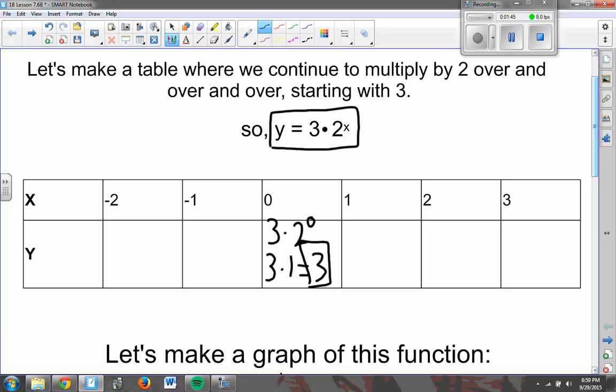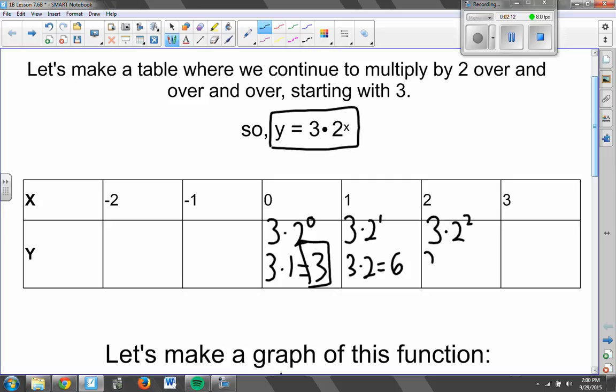Okay? Let's go up in the positives first, because I think those are going to be a little bit easier for us. When x is 1, this is really 3 times 2 to the 1 power. 2 to the 1 power is just 2. So this is 3 times 2, which equals 6. Right? The next one is going to be 3 times 2 to the second power.